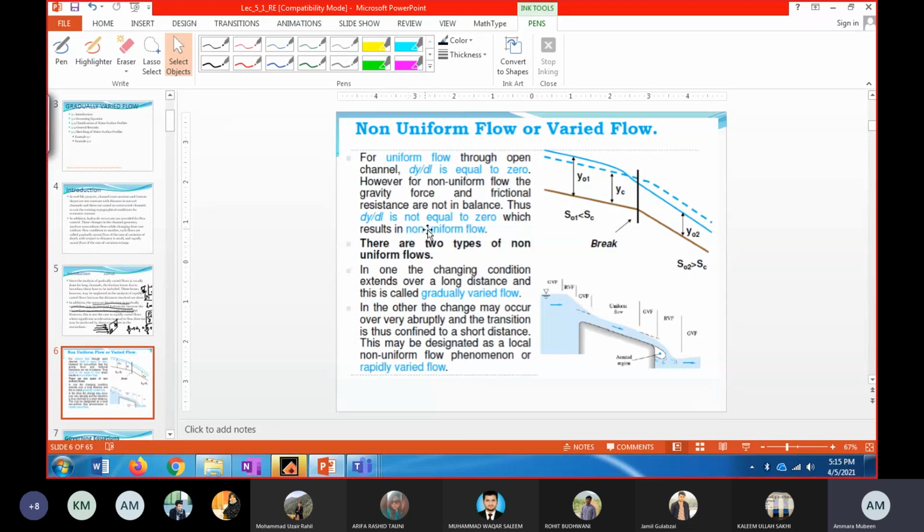So when the parameter of flow, which in an open channel is essentially the depth, is not changing with respect to distance, then you can say the flow is uniform, and when it is changing with respect to distance, then you can say that it is non-uniform.